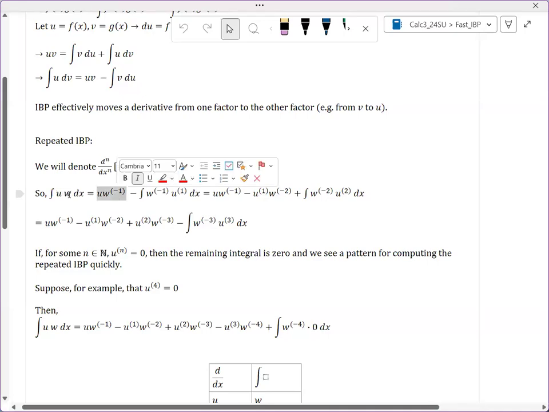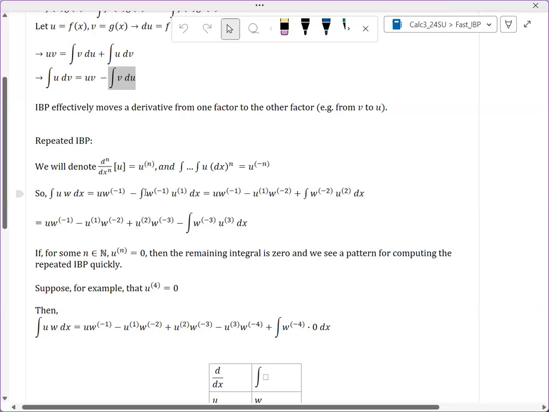I note that v is the integral of dv. It's the integral of w dx. That's w superscript minus 1. So uv is u times the antiderivative of w, minus the integral of v du.